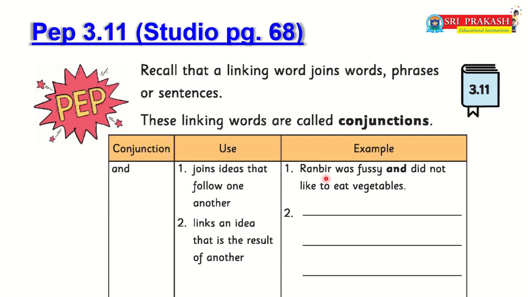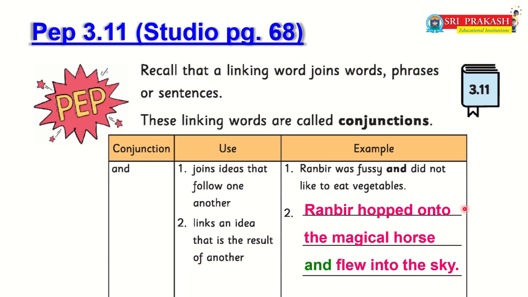For example, Ranbir was fussy and did not like to eat vegetables. These two sentences are related to each other and joined with and. Another use of and conjunction, it links an idea that is the result of another. For example, Ranbir hopped onto the magical horse and flew into the sky.